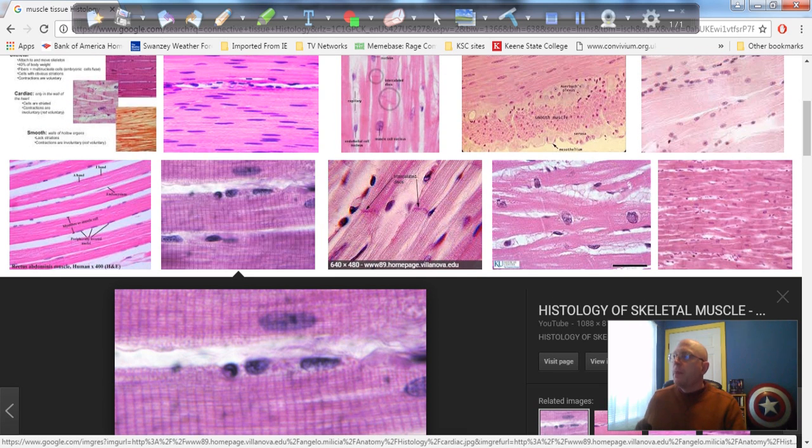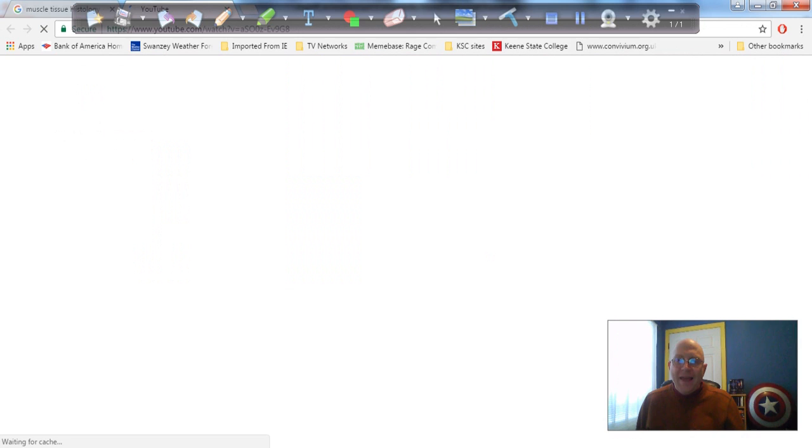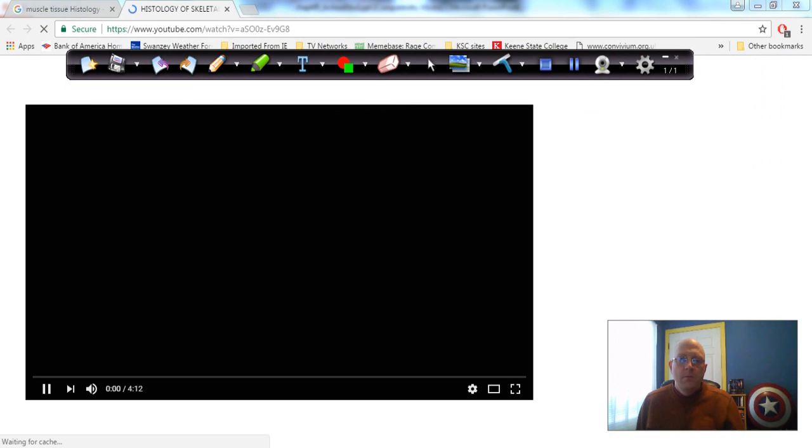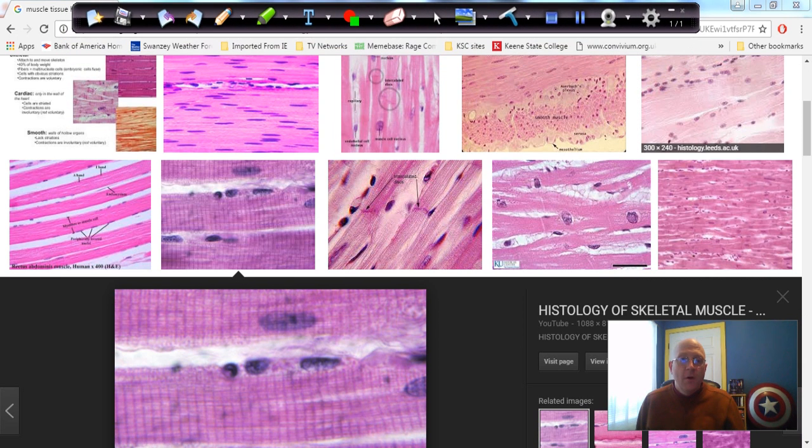But let's see. Skeletal muscle tissue: elongated, fibrous cells, with striations and multiple nuclei. Plus, we can also consider how it's controlled. You can choose to move any skeletal muscle tissue, so they are under voluntary control.